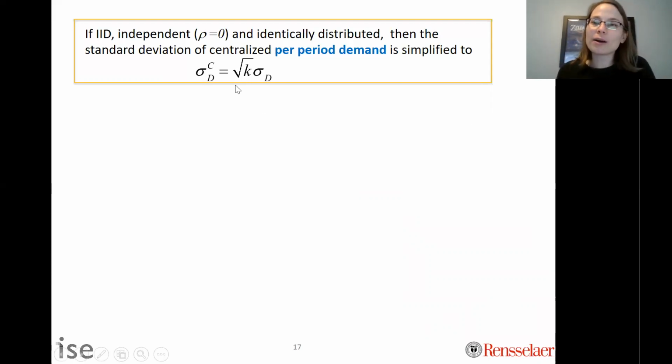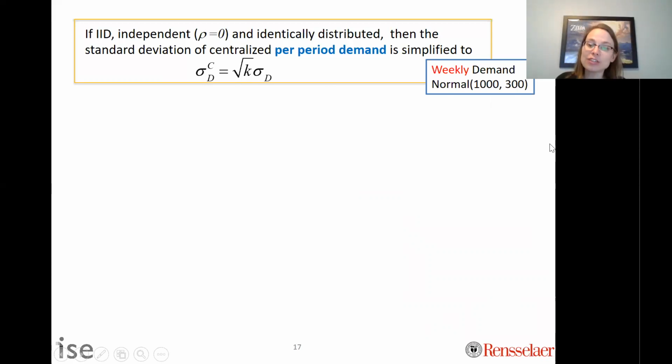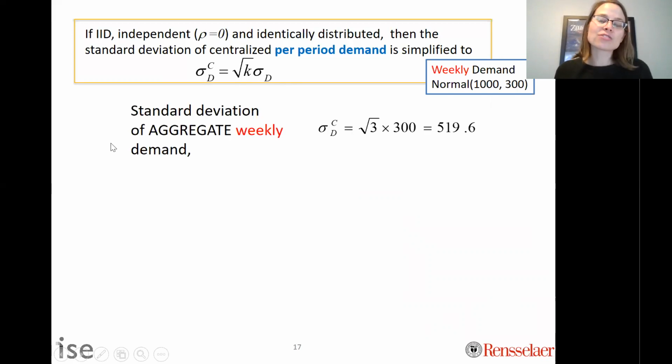We need to calculate this. And so as a reminder, we have a weekly demand in each of these regions that's normally distributed with a mean of 1,000 and a standard deviation of 300. So let's plug that in, okay? And so if we use that equation to get the standard deviation of aggregate weekly demand, we have square root of 3 because we have 3 locations, K is 3.